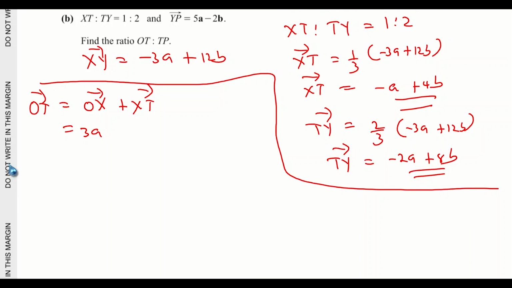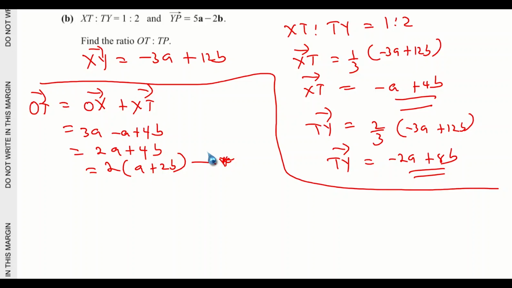What is XT? XT is minus a plus 4b. So it will be 3a minus a plus 4b, so this will be 2a plus 4b. So we can factor out 2. It will be 2 into a plus 2b. So this is one answer here for OT.